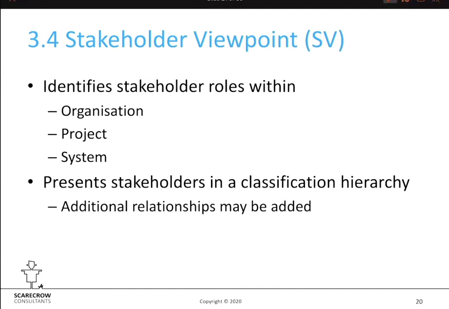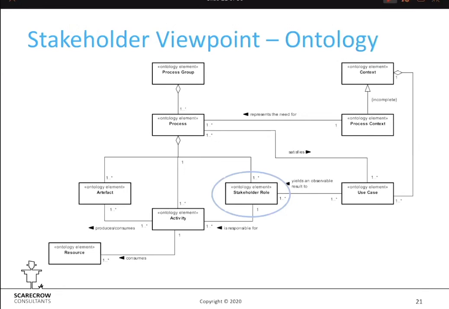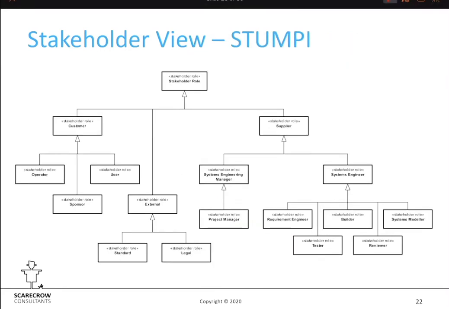The stakeholder viewpoint is purely there just to capture your stakeholders. Make sure you've captured all of the stakeholders that are responsible for, or if you're going to use RACIC, all of the various relationships. So it's to identify all of the stakeholder roles that are involved in the processes. And again, it's just to make sure that you've got them. We normally capture them as a block diagram like this, again with the stakeholder role stereotype, and we always use this customer, external, supplier split.